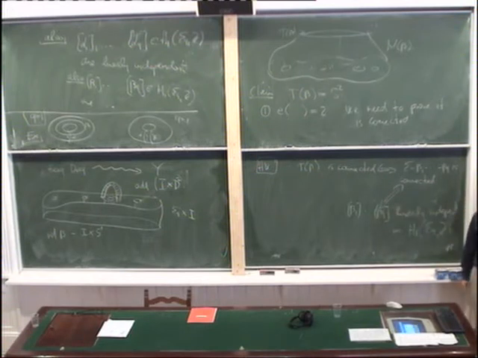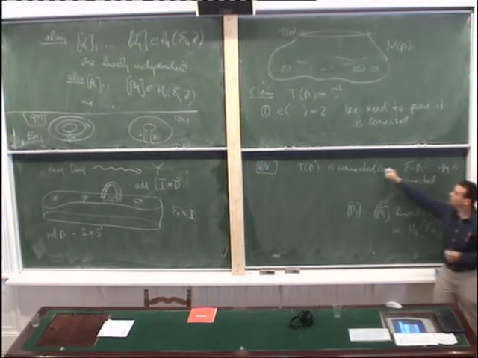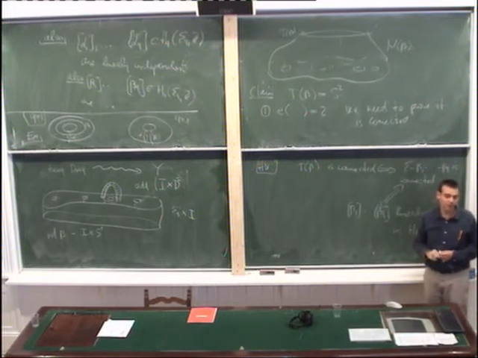So that's an easy exercise, and we already assumed in the definition of a Heegaard diagram that this holds, so this is connected, so at the end you get a sphere. Is that okay? So great.